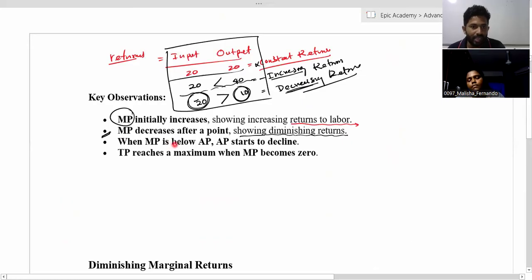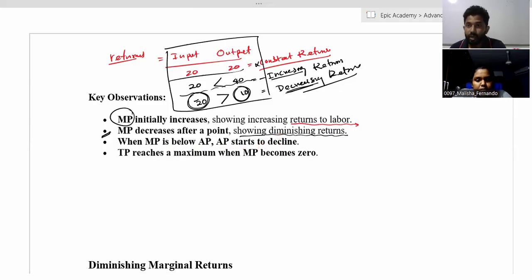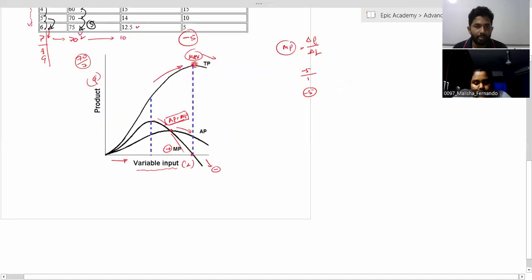Okay. When MP is below AP, AP starts to decline. Yes. Already we identified that one. So TP reaches the maximum when the MP becomes 0. This one. TP at a maximum level, MP becomes 0.